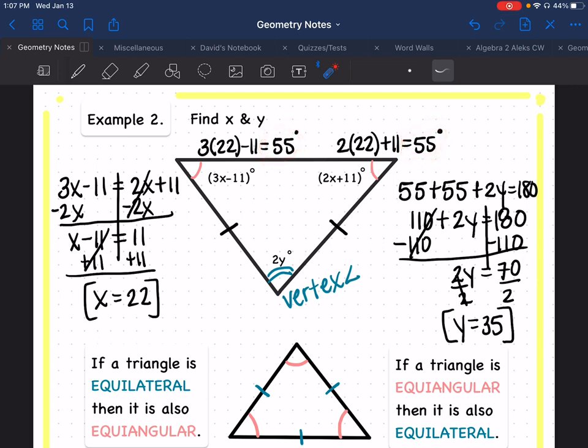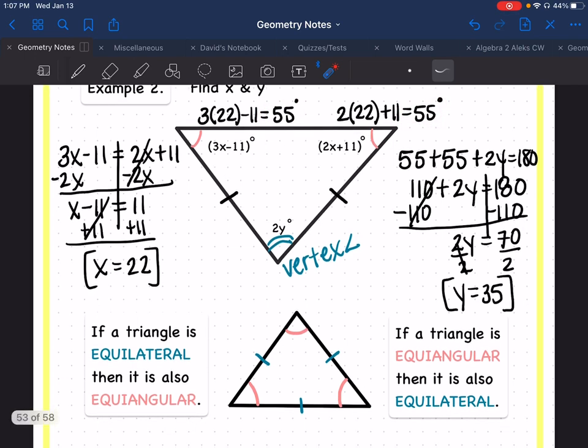All right, let's talk about the equilateral triangle. As you can see down on the bottom, these are the rules, and they're just converses of each other on the left and the right side. Basically this says if I know my triangle is equilateral, then it is also equiangular. So what that means is I could just put the green marks and then ask you about the angles, the peach marks. Okay, the converse is true as well.